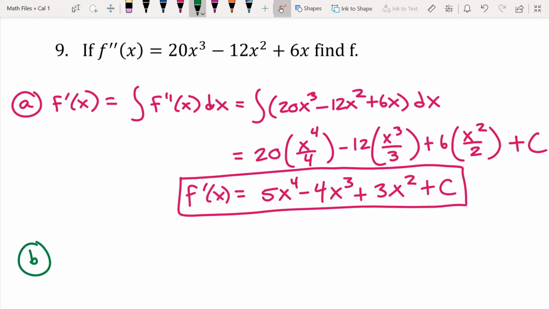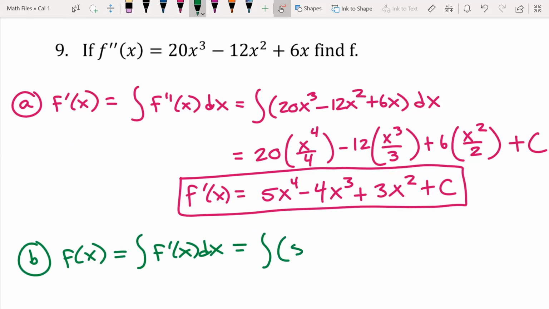So b, f of x is going to equal the integral of f prime of x dx, which will give us the integral of 5x to the 4th minus 4x cubed plus 3x squared plus c dx. Okay.